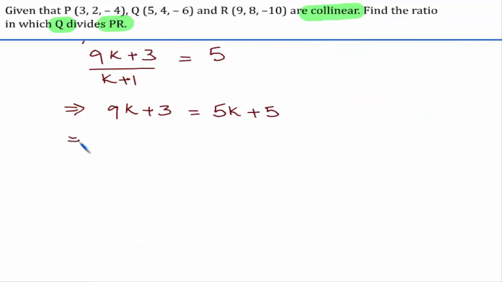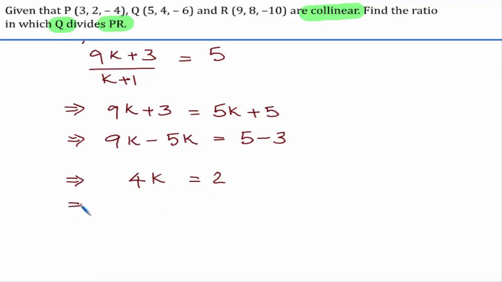We get here 9K minus 5K is equal to 5 minus 3. Here we get 4K is equal to 2. That implies K is equal to 1 by 2.